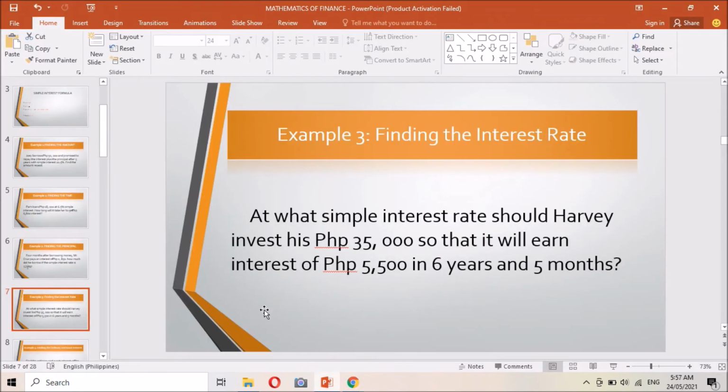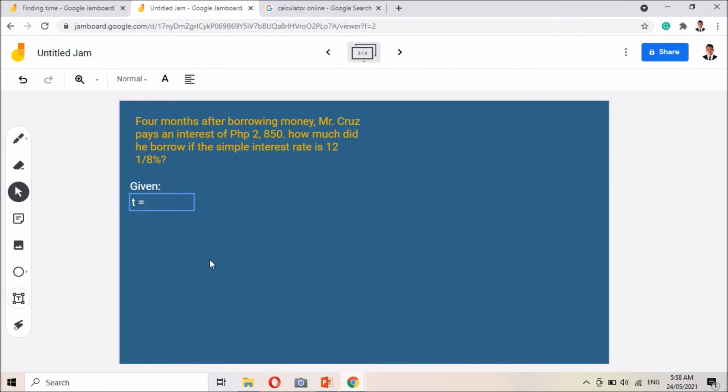So at what simple interest rate should Harvey invest his 35,000 pesos so that it will earn interest of 5,500 in 6 years and 5 months? Our time is annual, no? If we are given 4 months, that is simply 4 over 12, or actually 1/3, but we'll just use 4 over 12.